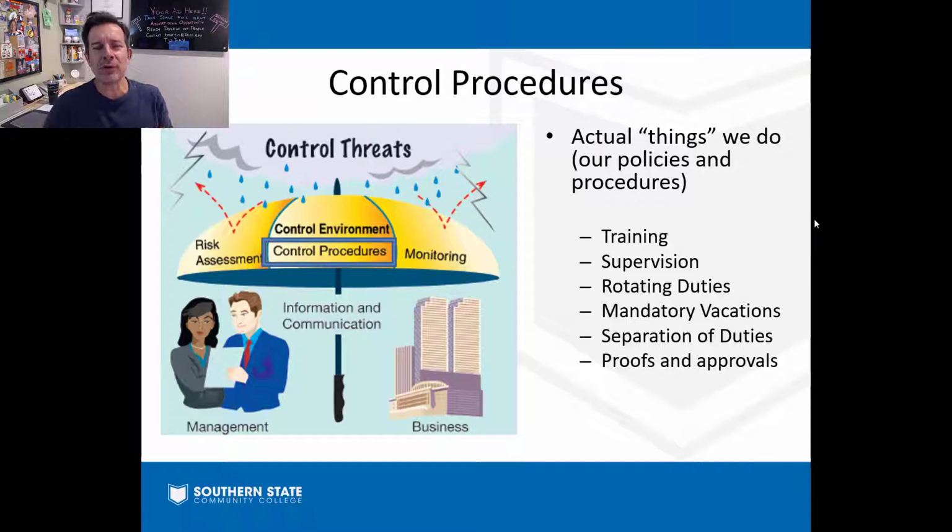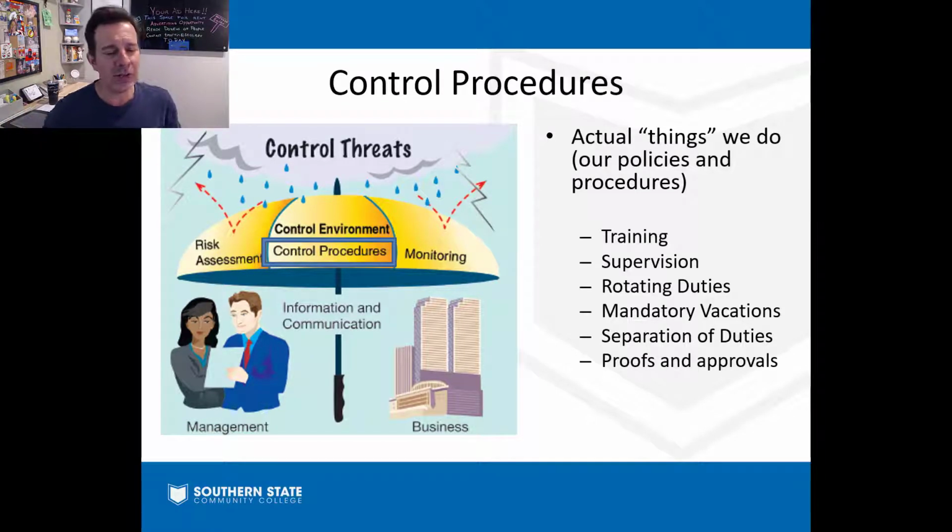We want to have good separation of duties. In the accounting world, that means we always want to avoid a situation where someone with accounting ability has custody of assets. I don't want the person doing my journal entries in the accounting system to be able to handle cash and inventory. It's too easy for them to take stuff and then cover it up. So we build a wall, separation of duties. We separate custody of assets, custody of cash, custody of inventory, away from people who are doing the actual accounting.